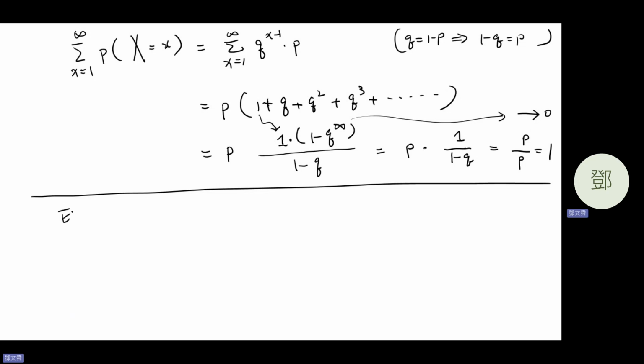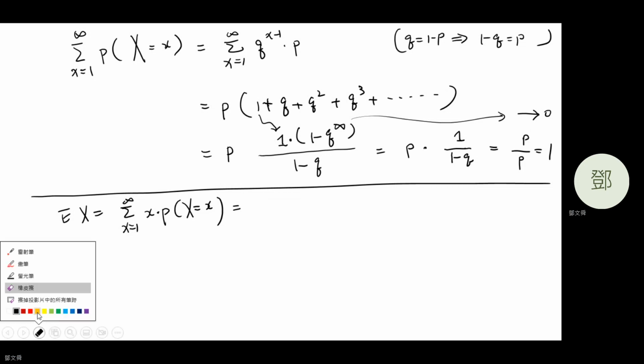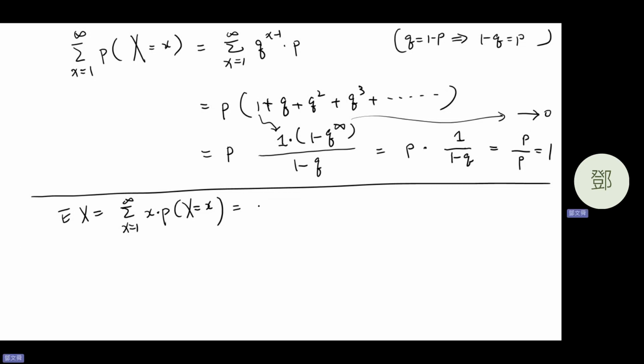So what about the expectation? Expectation is calculated this way: x times the probability of x. So it is the sum of x times q to the x minus 1 times p.